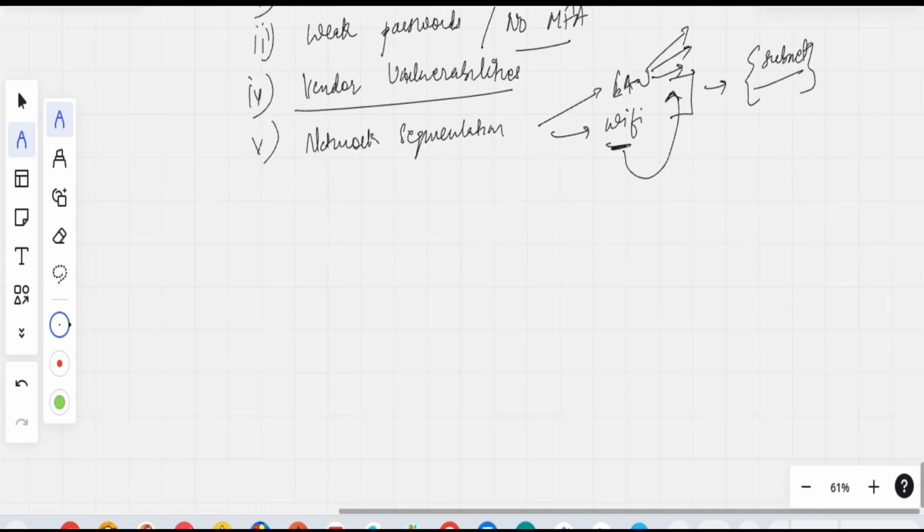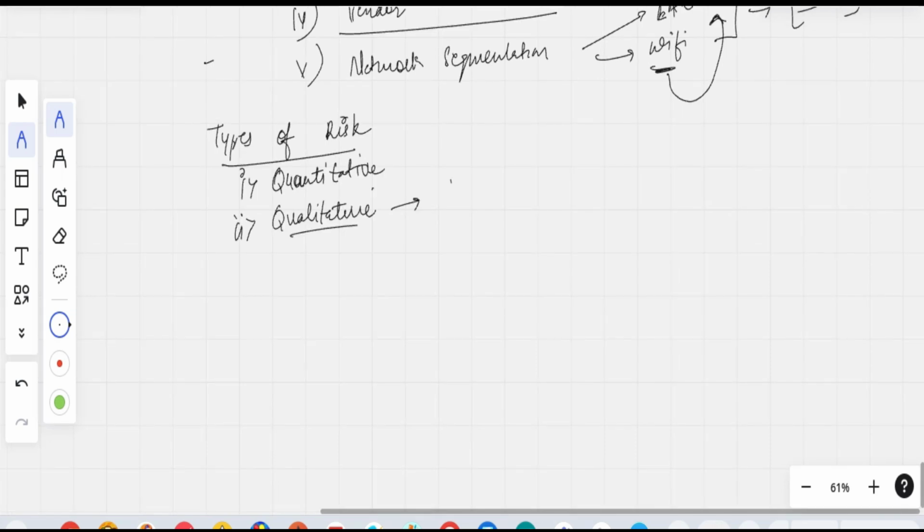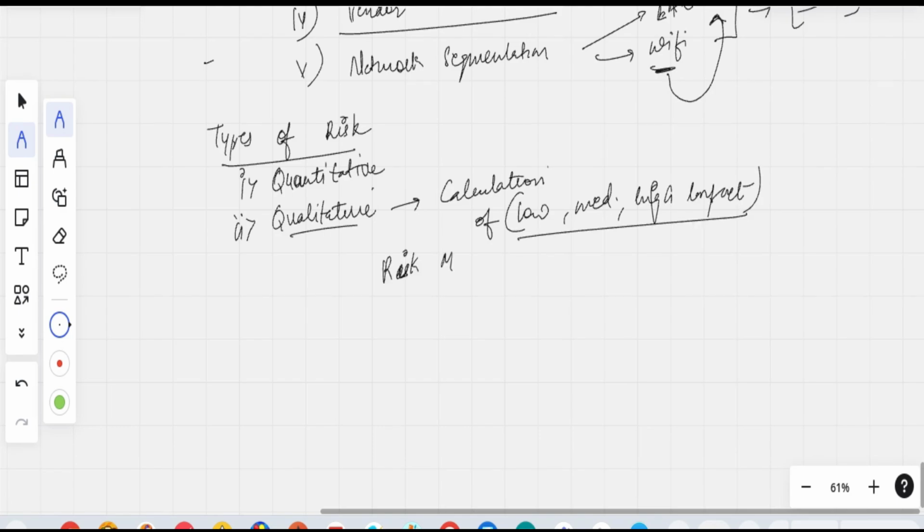Now the most important part here is the types of risk. Risk is basically termed as two types: one is quantitative and the other is qualitative. The qualitative is about calculation on the basis of low, medium and high impact, and it works on the risk matrix.